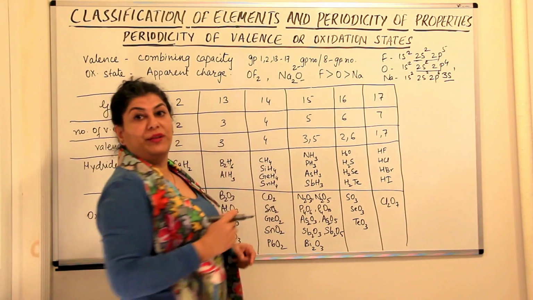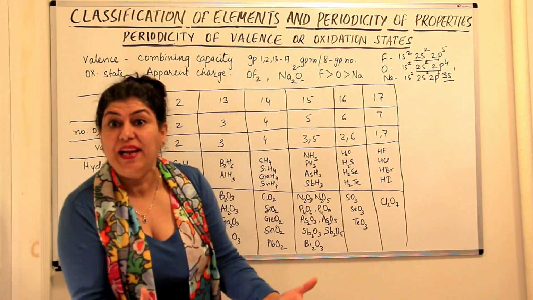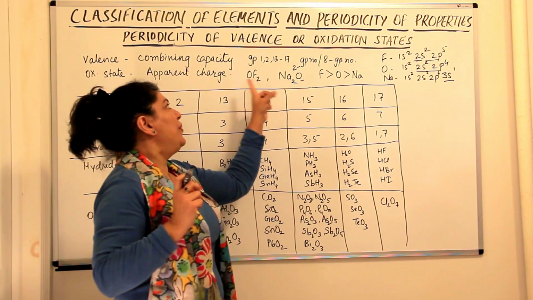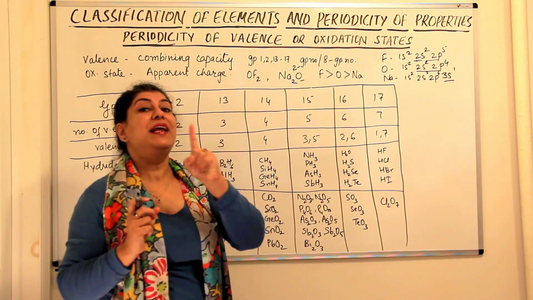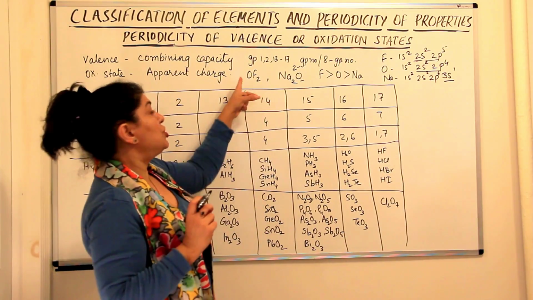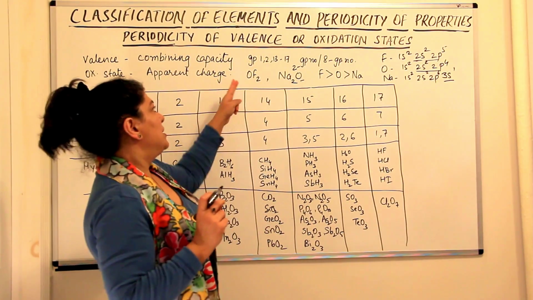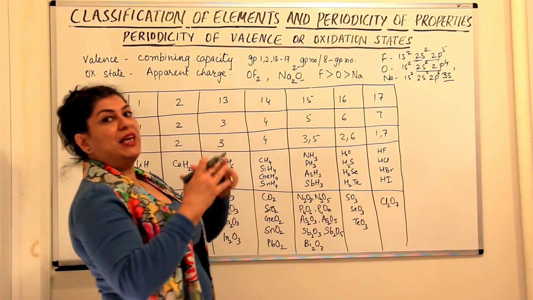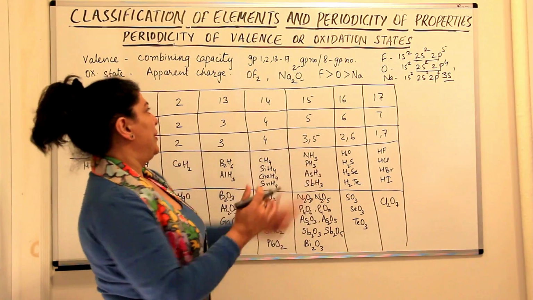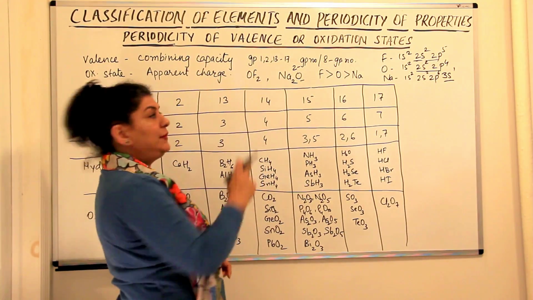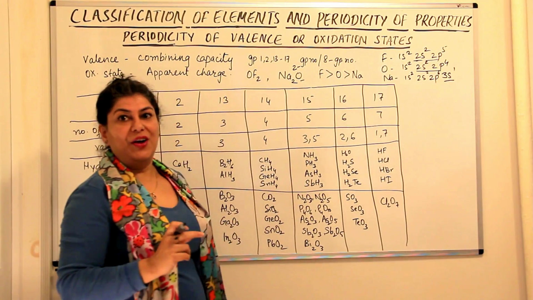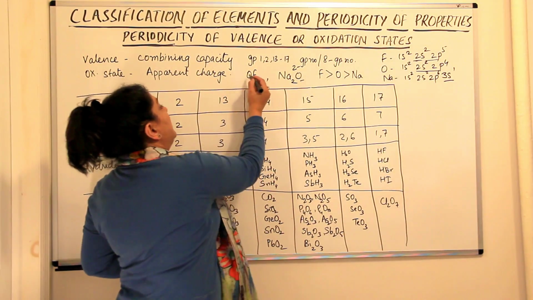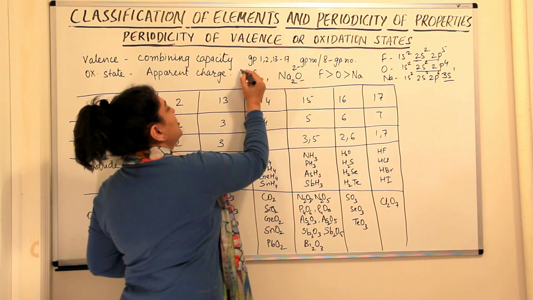In OF2, on the other hand, fluorine is more electronegative. It tends to pull the electrons towards itself. Fluorine needs only 1 electron to complete its octet, but oxygen needs 2. But since fluorine is more electronegative, 1 oxygen shares 2 electrons with 2 fluorines. Do you see? So the oxygen here, although they are sharing the 2 electrons, its apparent charge is 2 positive.